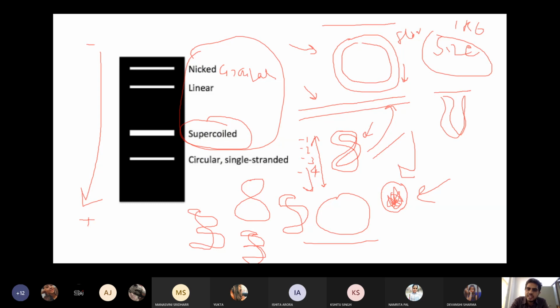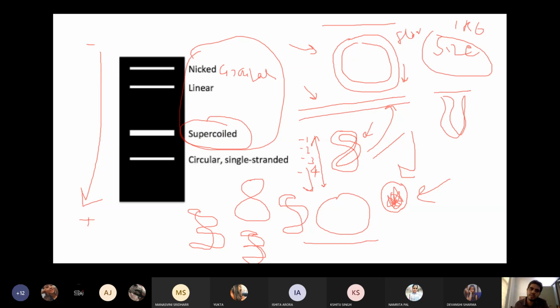In that case, the level of supercoiling in your naturally occurring plasmids is going to be different. Every plasmid molecule is going to be differently supercoiled. So if you want to study the supercoiling pattern of your plasmid, which is naturally occurring in your cell, you will find that there is not just a single band, as we are mentioning here, just supercoiled.